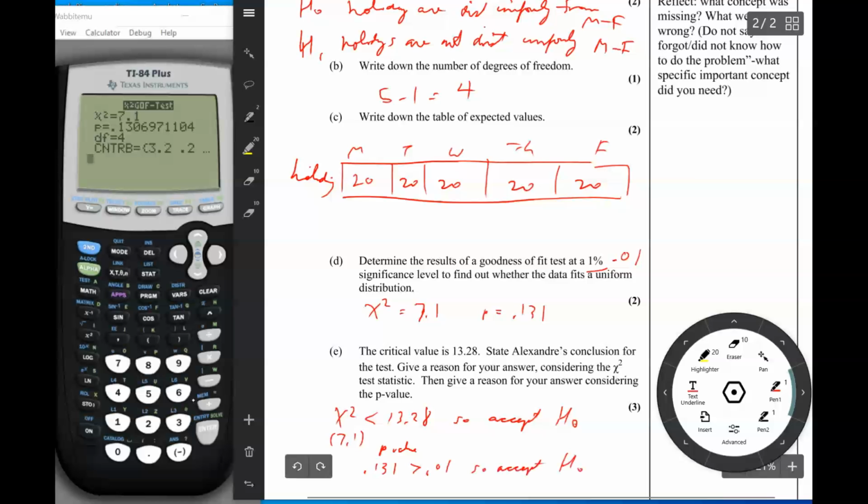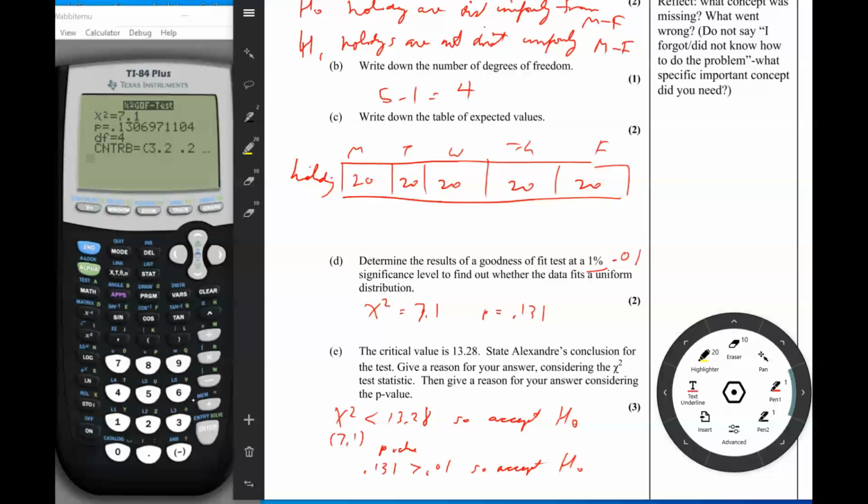So you could use either the chi-squared value or the p-value to determine whether or not you accept the null hypothesis. The chi-squared value, just like in the chi-squared test case, you compare with the critical value that's given to you in the problem, and for the p-value, you compare it to the significance level, which is always in the problem, okay?